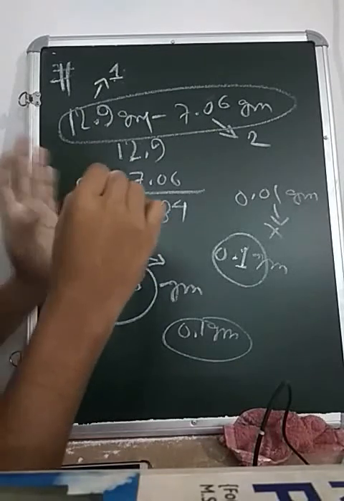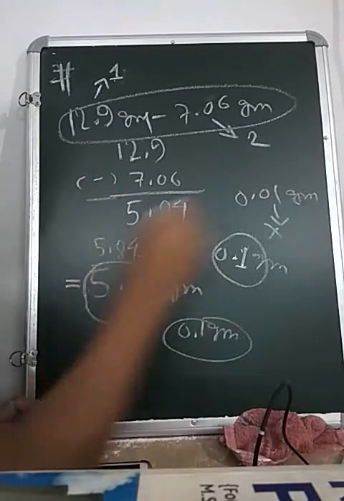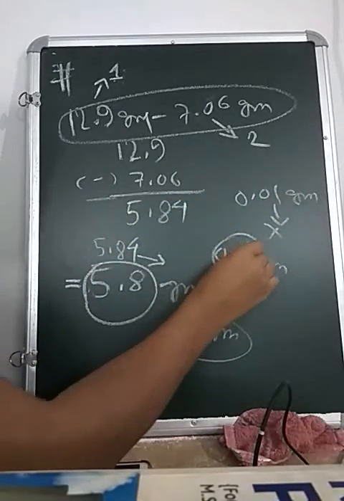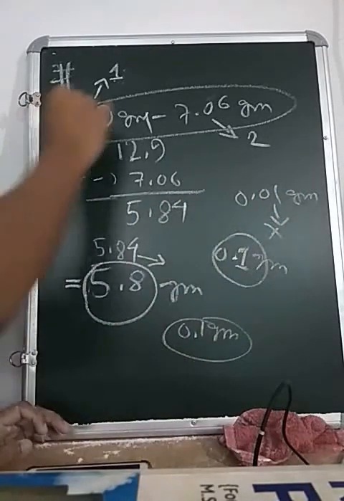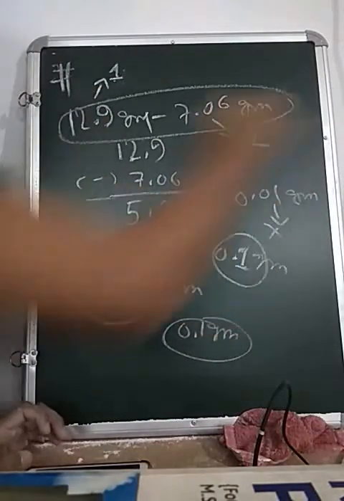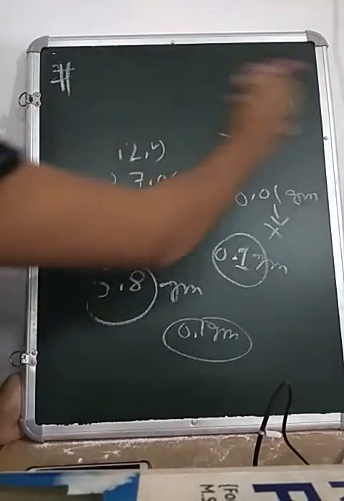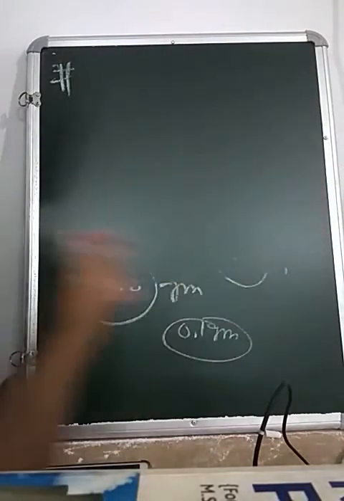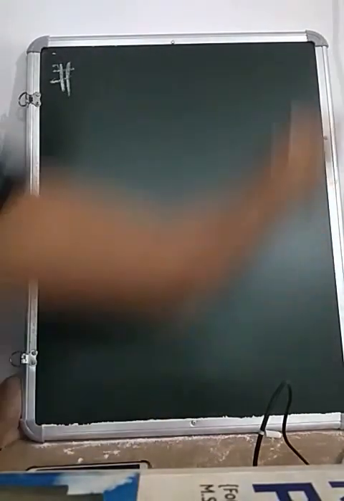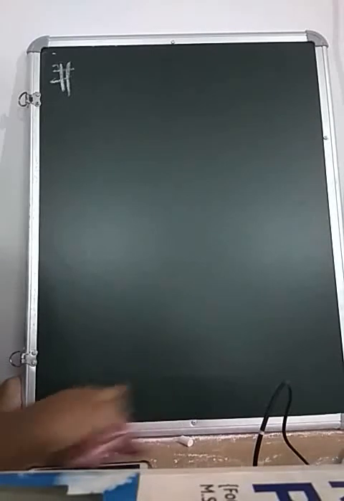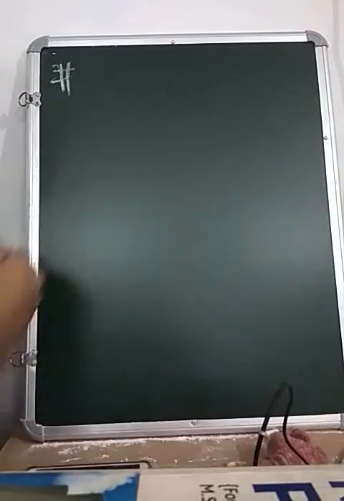So these things you have to keep in mind for calculating the uncertainty or doing arithmetic operations with significant figures.